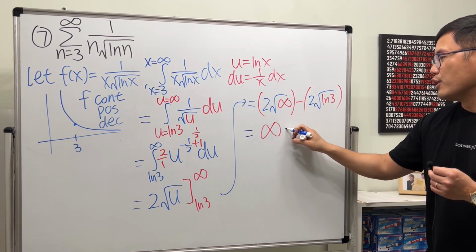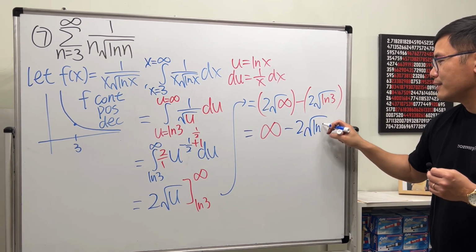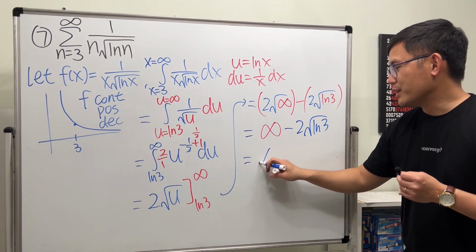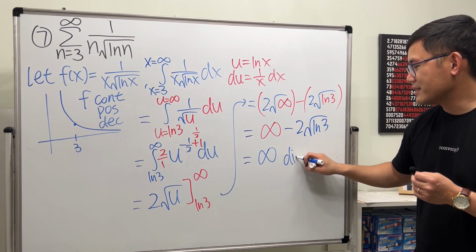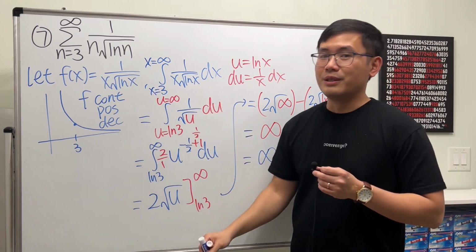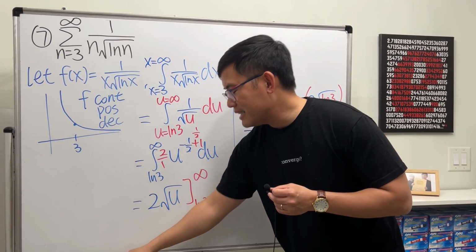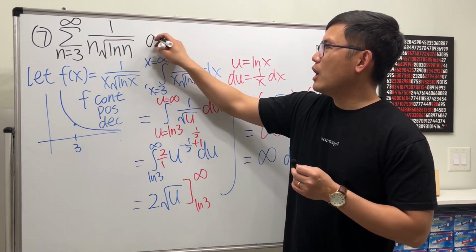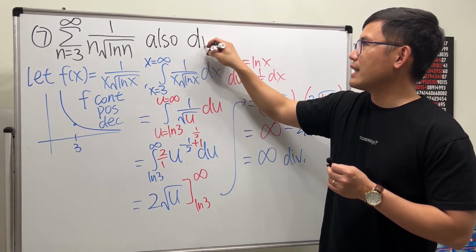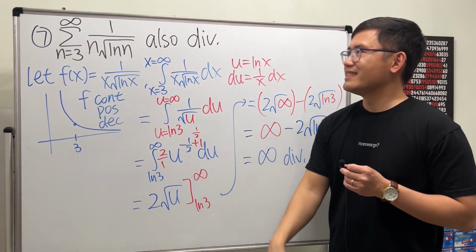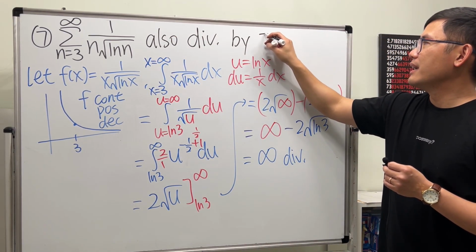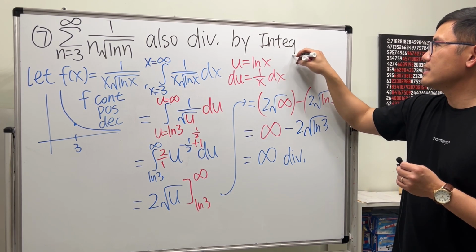And this right here is still just a finite number. So for sure, the result is infinity, which means we have a divergent improper integral, which implies our infinite series also diverges by integral test.